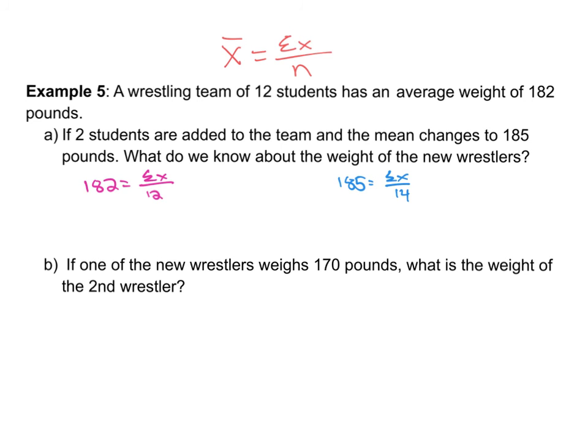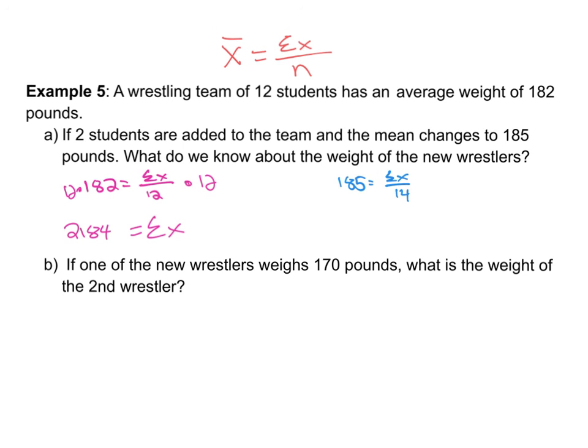Well, what that tells us about the new wrestlers is that we can't find out a whole lot. But what we can find out is if we solve for that total sum. The sum of x is equal to 12 times 182, which gives 2184.